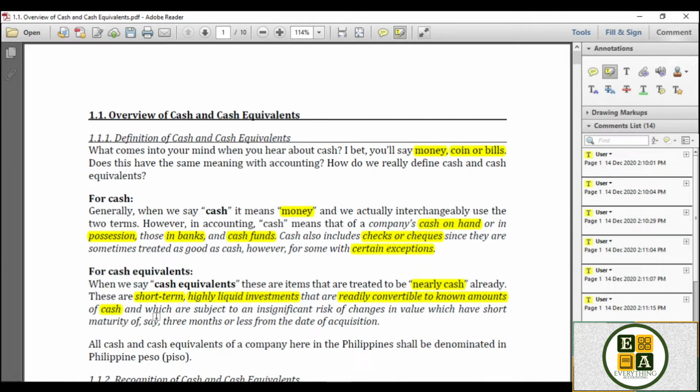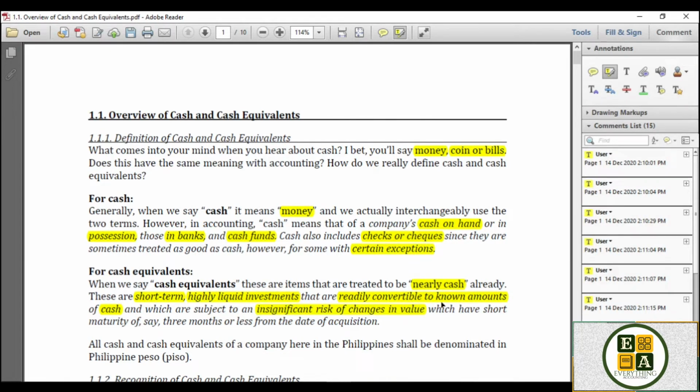Readily convertible, so meaning, liquid na talaga siya. When we say liquid, parang equivalent na talaga siya sa cash. Although, hindi muna siya kinaklasify dun sa hanay ng cash na line item. Also, cash equivalents are subject to insignificant risk of changes in value.